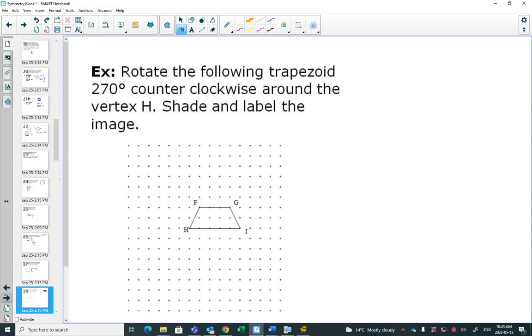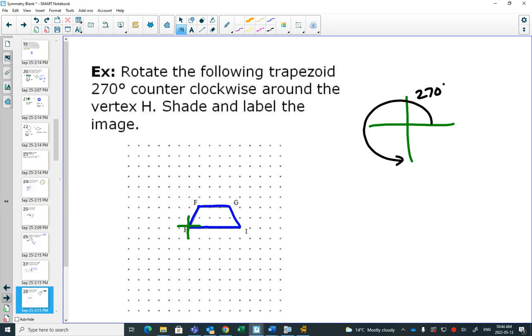So again, this is our last one, right? Trace it out. We're rotating about the vertex H, so we can make our crosshairs on H. We want to go 270 counterclockwise. So one thing I like to do when I'm drawing my 270, first of all, are you okay? I'm going to draw the crosshairs here. Are you okay that these three things would be 270 degrees? 90, 180, 270.